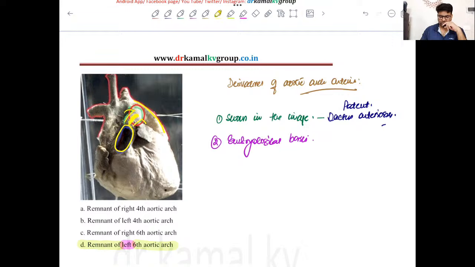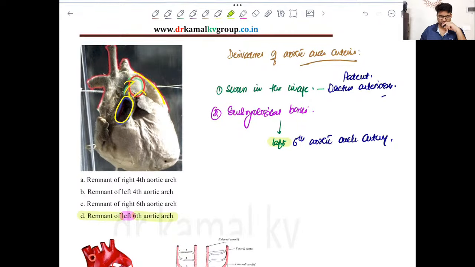Now ductus arteriosus is derived only from the left part of the sixth aortic arch artery, right? So this is very important. It's only on the left side, so don't get mixed up.